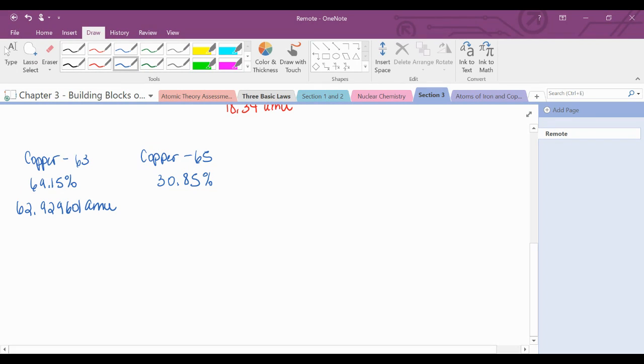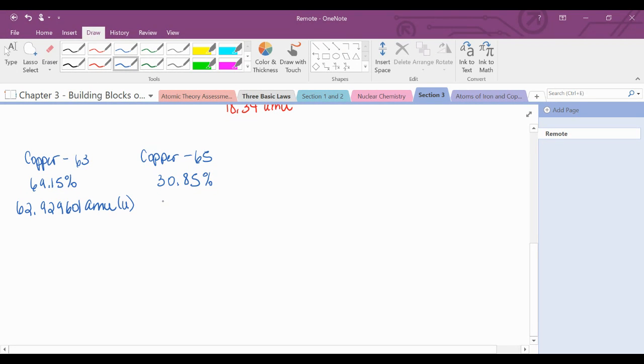Okay, so 62.929601 AMU, which is atomic mass units. And the symbol for atomic mass units is actually this lowercase u. Okay.